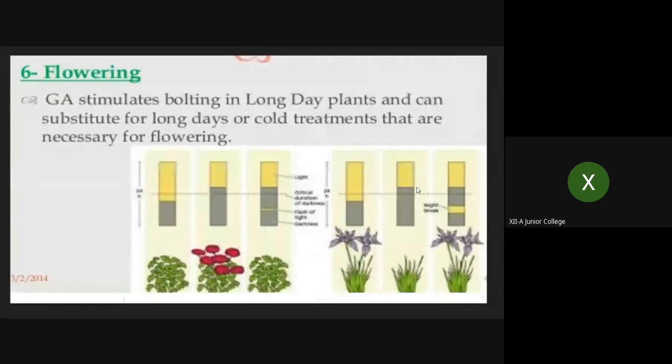And bolting is what? These plants which give the rosette type of appearance, so it is very helpful. It shows proper growth, giving enlargement in the size of the leaves, or in the case of flowering, the size is increased. Okay.